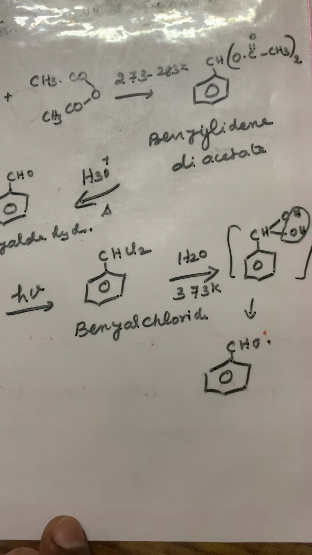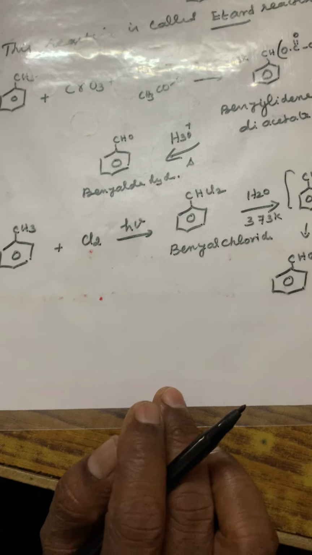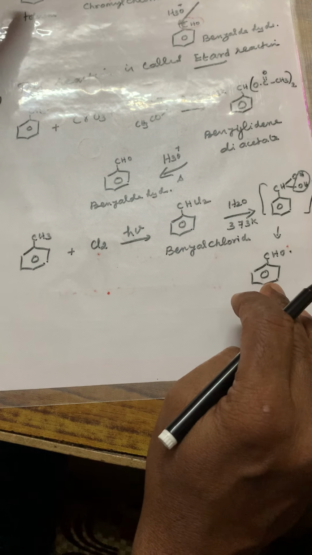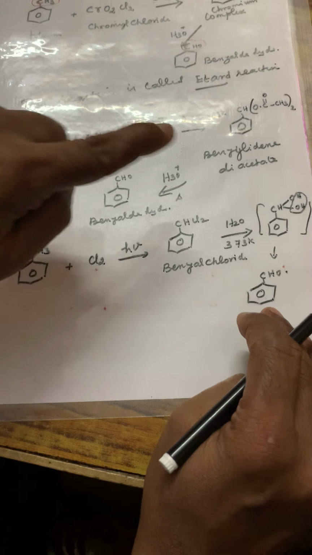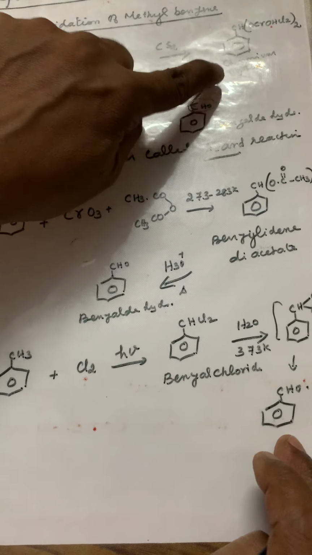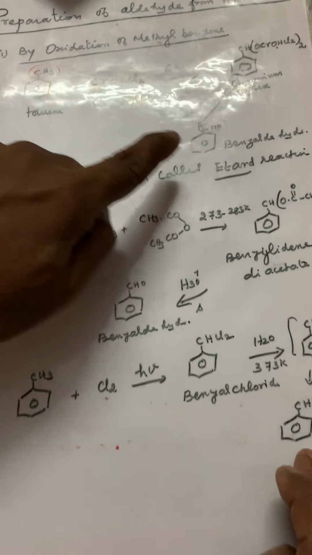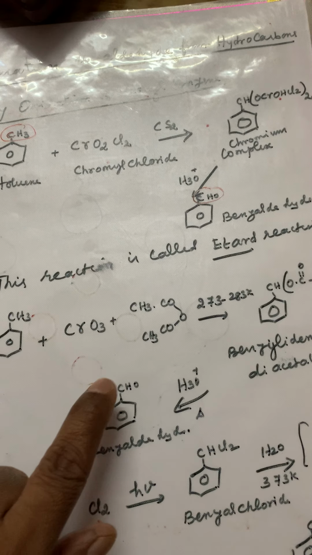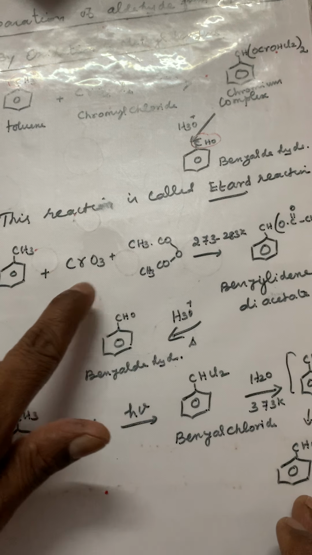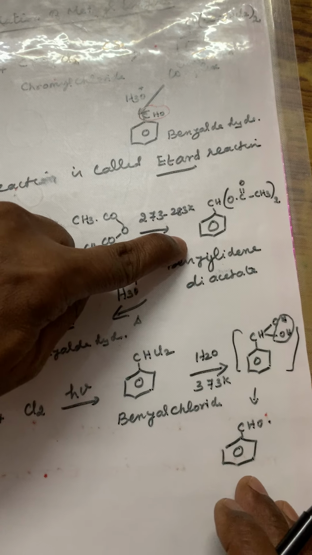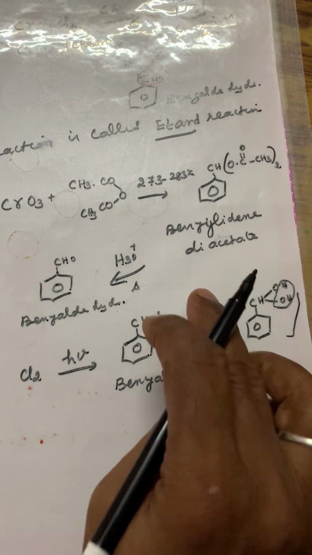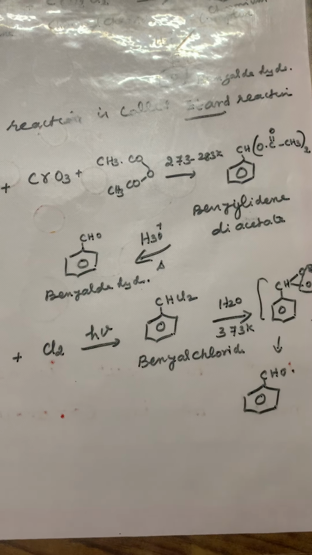This is the easiest reaction, toluene to benzaldehyde. This is a name reaction, the Etard reaction, using chromyl chloride. Another one uses chromic oxide and acetic anhydride, forming the benzaldehyde diacetate, and then acidified hydrolysis gives benzaldehyde.